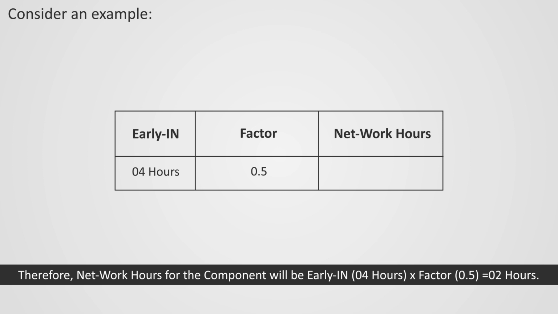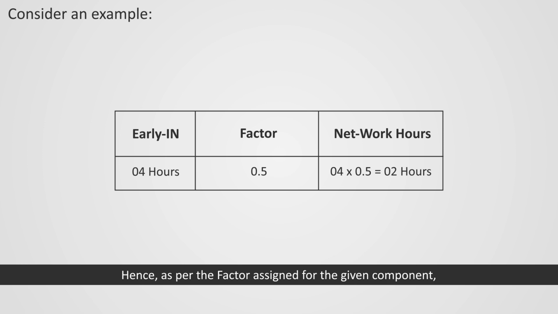Therefore, network hours for the component will be early in, that is 4 hours, into factor, that is 0.5, is equal to 2 hours. Hence, as per the factor assigned for the given component, network hours considered for the component will be 2 hours.